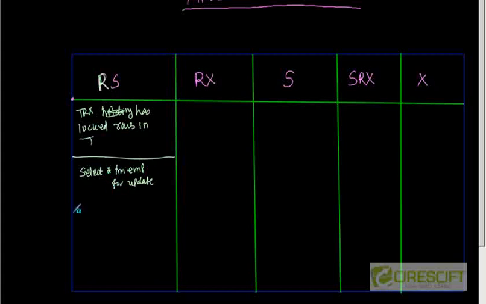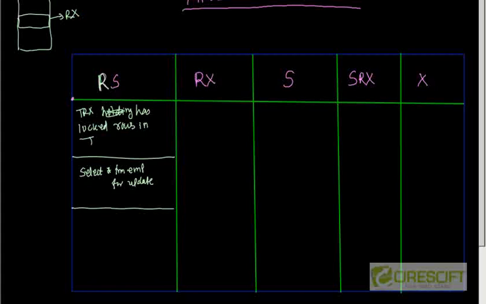If this happens, other transactions are allowed to insert, update, delete from the table, not a problem. Say we are doing select star from EMP where employee number is equal to 100 for update. In that case we will have a row lock, RX lock on this row, and an RS lock on this table.